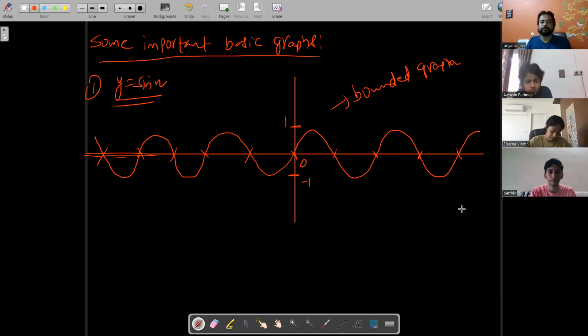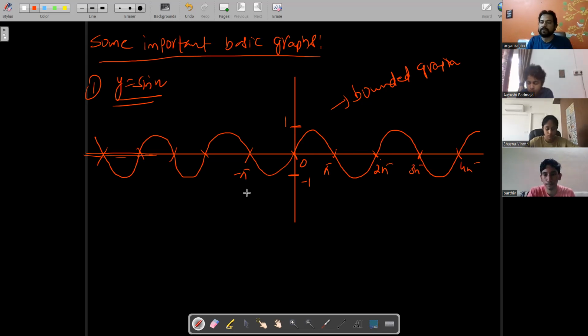Now we can see that at these points this sine curve intersects the x-axis. It means that at these points the value of sine becomes 0, because we know that on the x-axis the y coordinate is 0. These points are 0, pi, 2 pi, 3 pi, 4 pi, and like that.